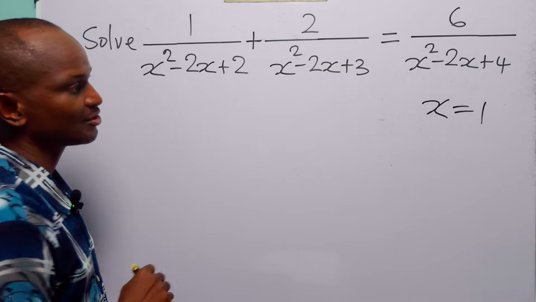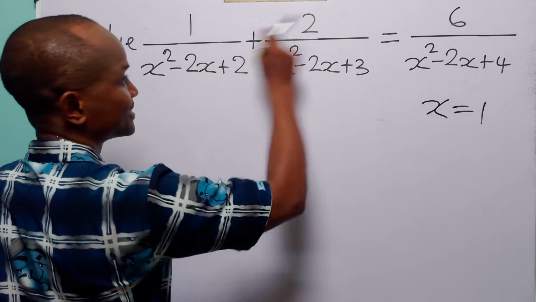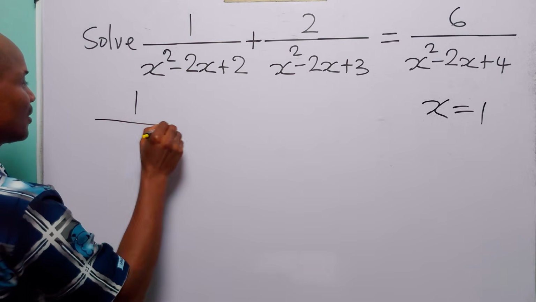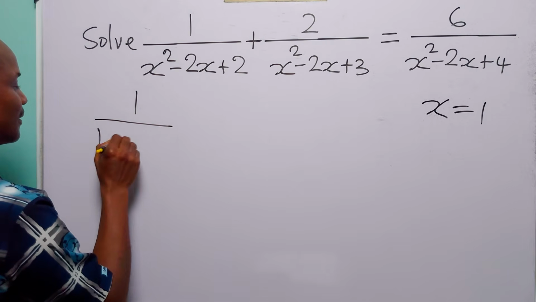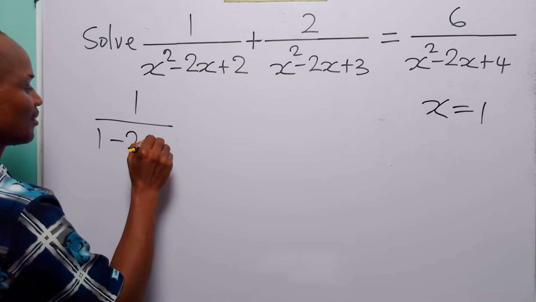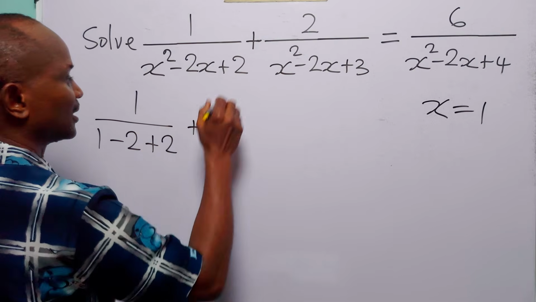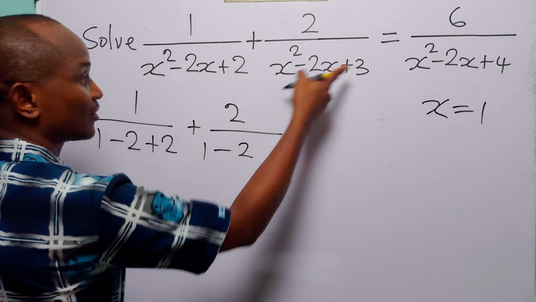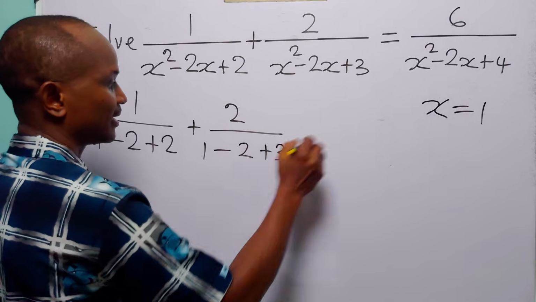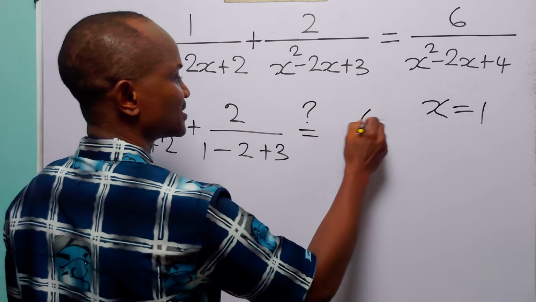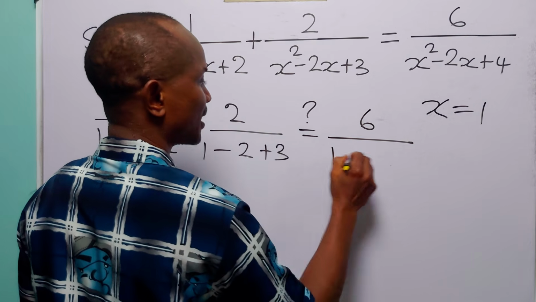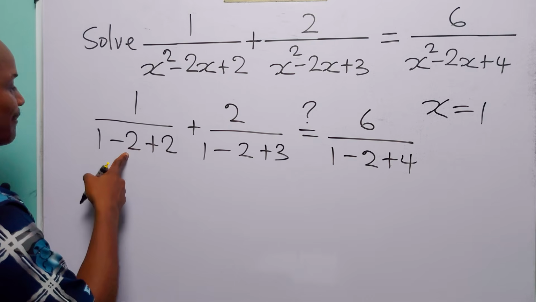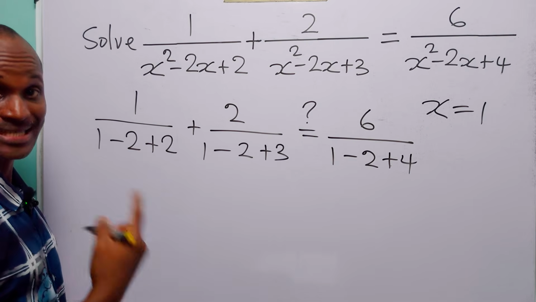Now, to check our answer, let us substitute 1 for x into the original equation. Here we have 1 over 1 minus 2 plus 2, plus 2 over 1 minus 2 plus 3. Now, is this equal to 6 over 1 minus 2 plus 4? Minus 2 plus 2, of course, is 0.